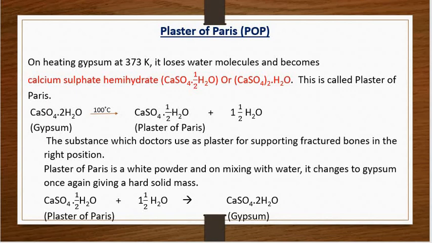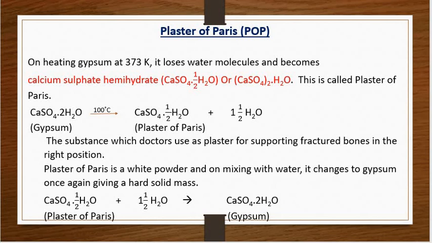Plaster of Paris is a white colored powder. It has a remarkable property of setting into a hard mass on wetting with water. When water is added to plaster of Paris, it sets into a hard mass in approximately half an hour.